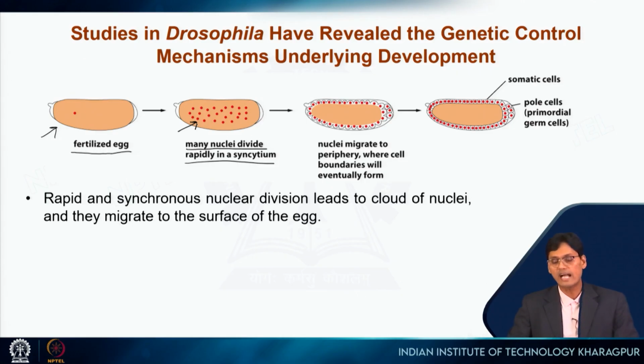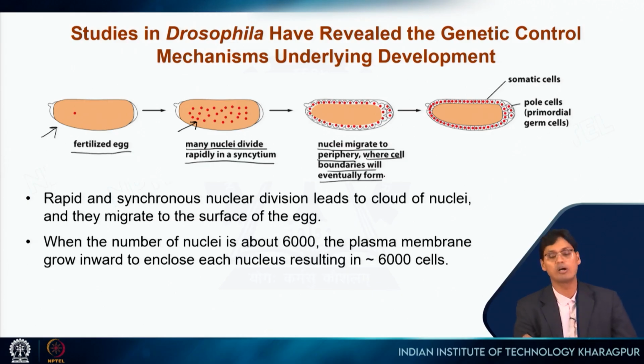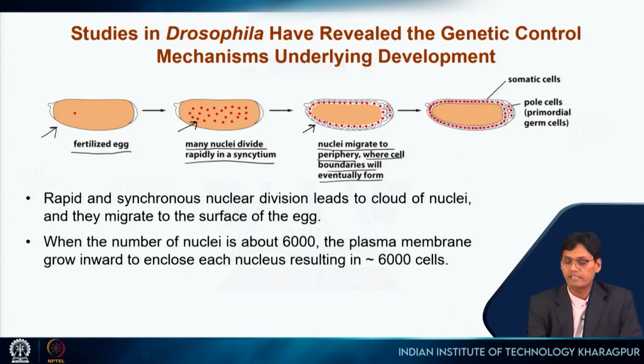Then over time, these nuclei will migrate to the periphery, where the cell boundaries will eventually form. In this figure, cells are present at the boundary. The cell membranes are getting generated here, not yet fully formed, but starting to be generated.